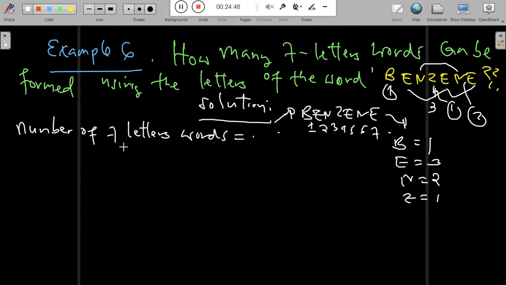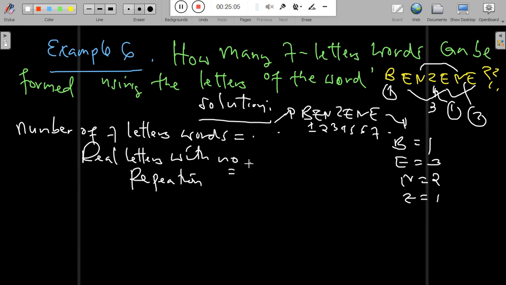So in order to examine how many letter words can be formed using the word benzene, we take out the total number of letters that is equal to 7. So we take 7 permutation. We divide by the numbers of letters that are repeated, multiplying them in the form of permutations: 1 permutation times 3 permutation times 2 permutation, then times 1 permutation.